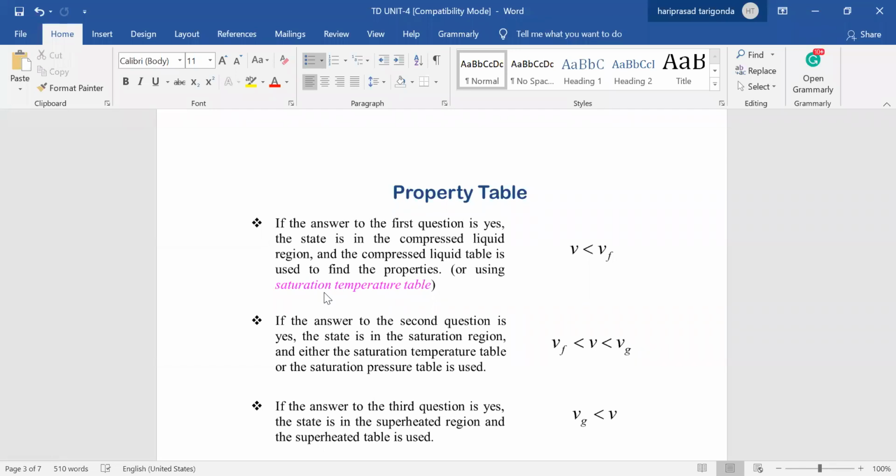So I request all of you to purchase or download any steam tables book so that it will be easy to solve the problems on pure substances. I will show you that steam table book, so that you can understand its importance. I will go to the sharing.